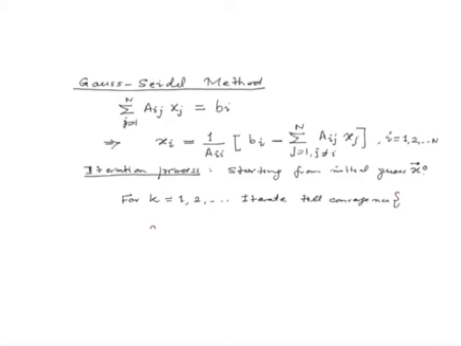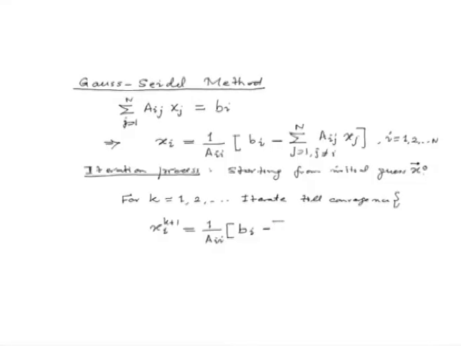And what is our iteration process? We said that x_i at k+1 is equal to 1 over a_ii, within bracket b_i minus. Now let us break this summation term into two parts, one which would use the values already obtained at this iteration level, that is sigma j is equal to 1 to i minus 1. For these indices j is equal to 1 to i minus 1, we would have obtained a new iterate.